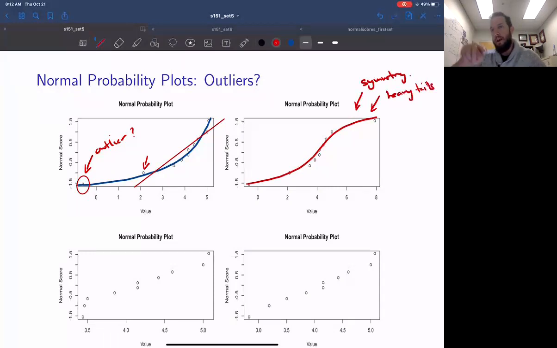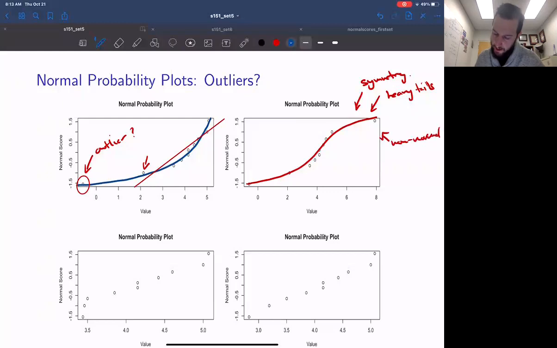Whenever we see an S pattern, like the one shown here in a normal probability plot, that indicates a bell curve, so symmetry, but it indicates that the tails are heavier than a normal distribution. So this would be what we would call a T distribution, and we'll also talk about that later. In this particular case, we again would say this would most likely be non-normal.